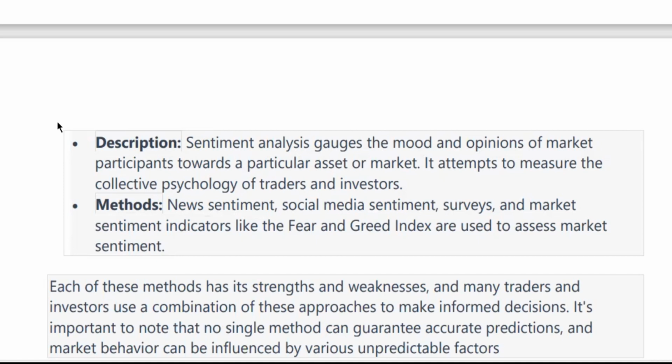Because sometimes you might want to know what everyone is thinking in order to make proper decisions in the market, right? So you'll use news sentiment, social media sentiment surveys, and market sentiment indicators like the fear and greed index, right? These are used to assess the market sentiment, right?